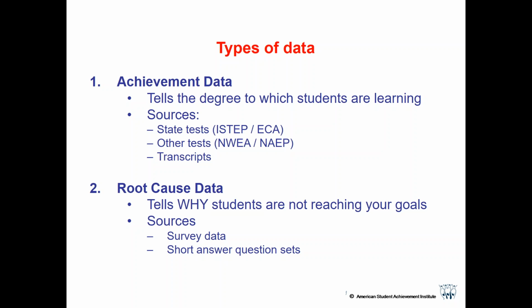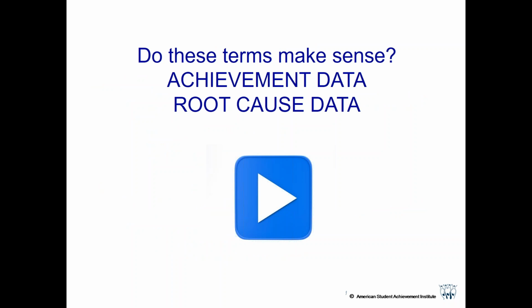Okay, so we want to make sure right now that there are no questions about these terms. If you start mixing up achievement data and root cause data, it just messes everything up. So if you have any questions about that, type them in right now. Tina, I'm going to check with you in a second to make sure that we don't have any questions about these two terms. So we've got achievement data and root cause data.